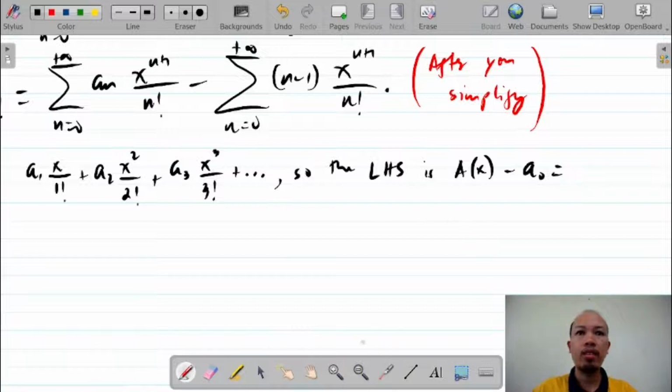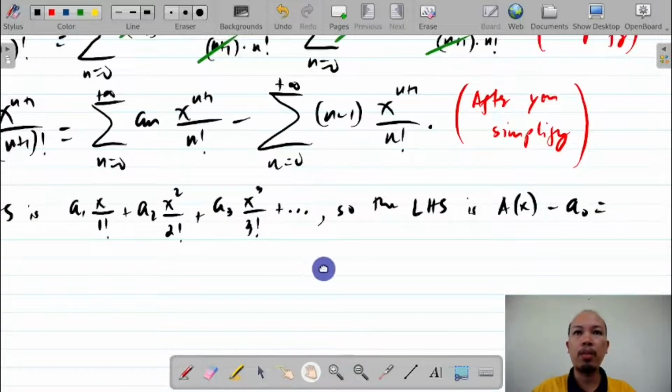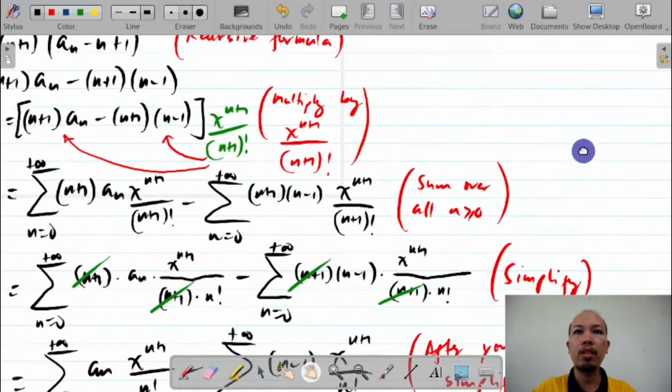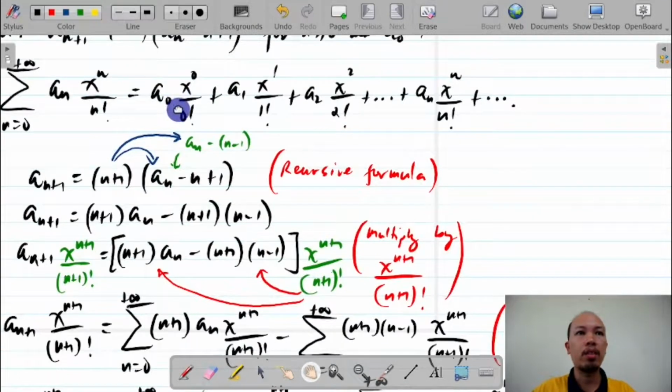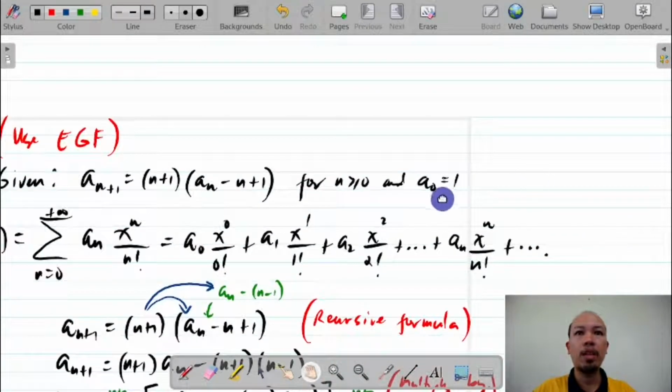So try to expand, as you have noticed here, we know that our a sub 0 is equal to 1.